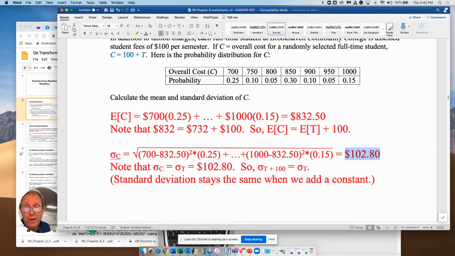Or I could just rely on my formula. I know that the standard deviation of my new variable T plus 100 is equal to the standard deviation of T. So my standard deviation for cost is equal to the standard deviation for tuition, which is 102.8. Standard deviation stays the same when you add a constant.